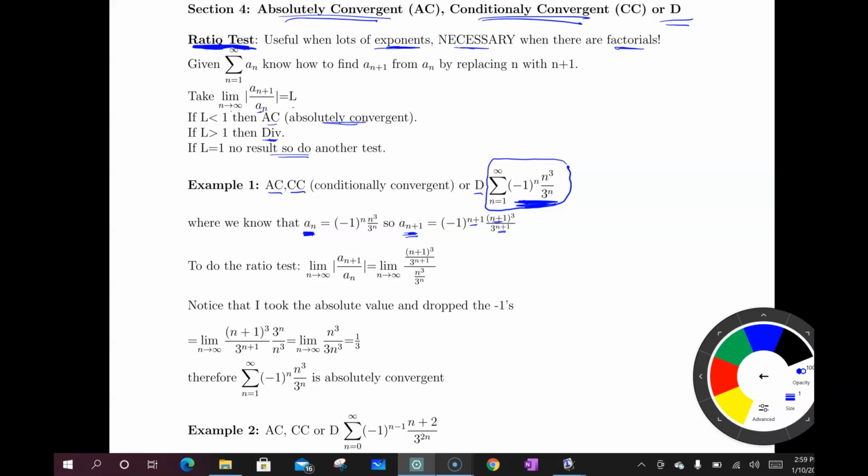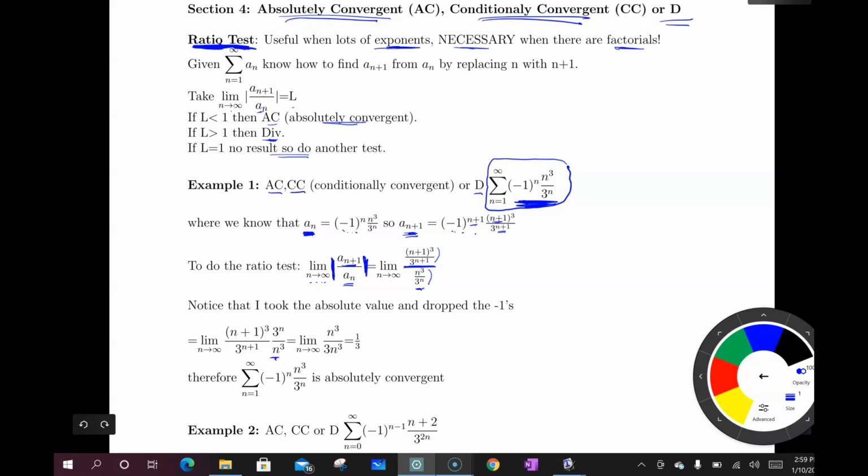So the ratio test says take the limit as n goes to infinity of the n plus first term over the nth term. So here it is. This is the n plus first term divided by the nth term. I've always got division by a fraction, so I'm going to multiply by the reciprocal of this. And so that's what this is. And I took the absolute value.